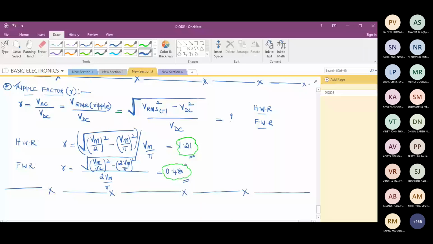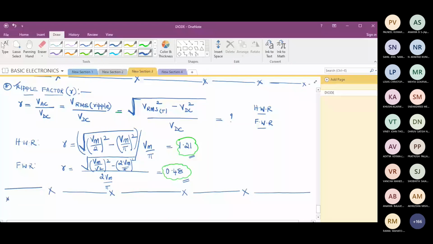So how many parameters have we analyzed for rectifiers? We have analyzed 4 parameters till now: DC, RMS, efficiency, and ripple factor. Now the last parameter you can note down.